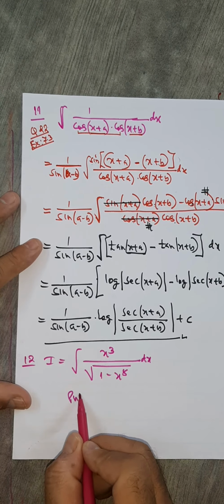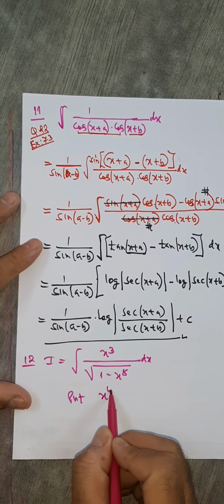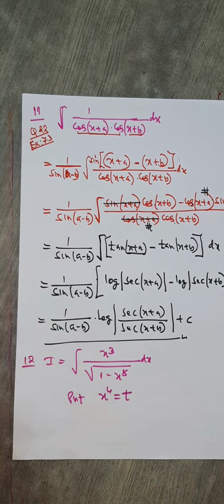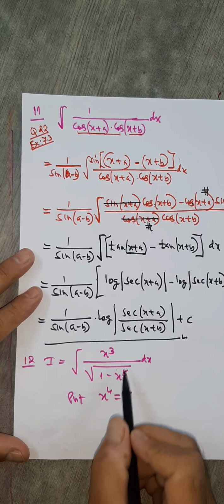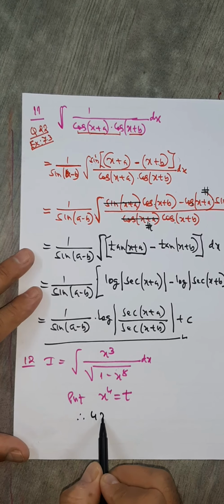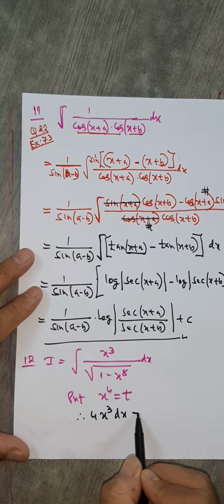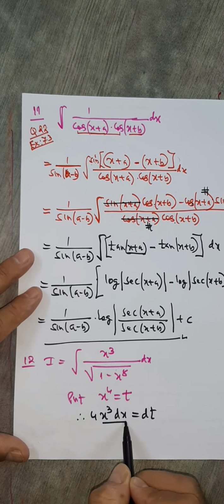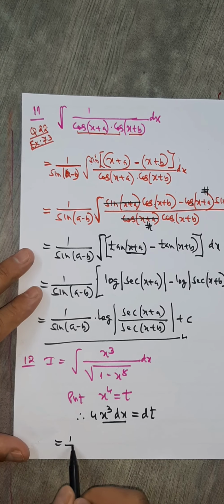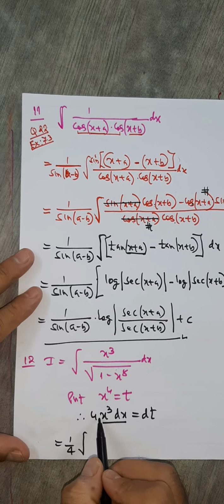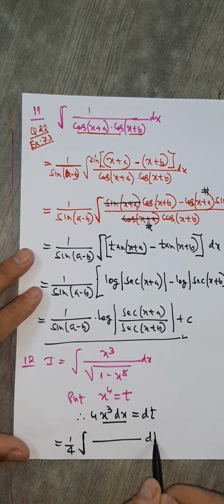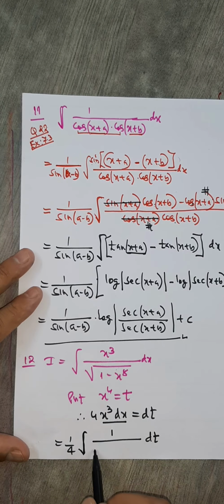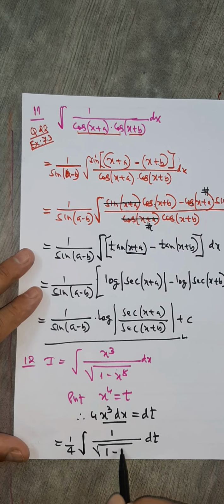So what I'll do, I cannot have x raised to 8, so I'll put x raised to 4 equals to t. Now you must have realized why I chose this as a substitution, because this becomes t square now. And if you differentiate this, you have 4x cubed dx equals dt. So 1 by 4 will go that side here. This is dt here. This is 1. This is root of 1 minus t square.